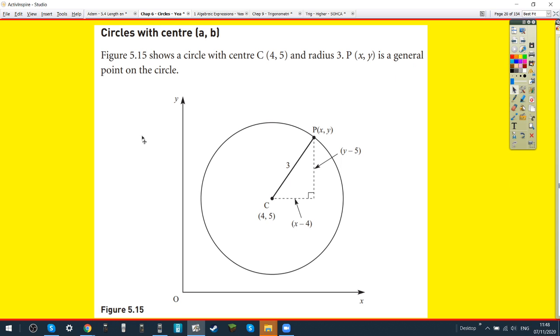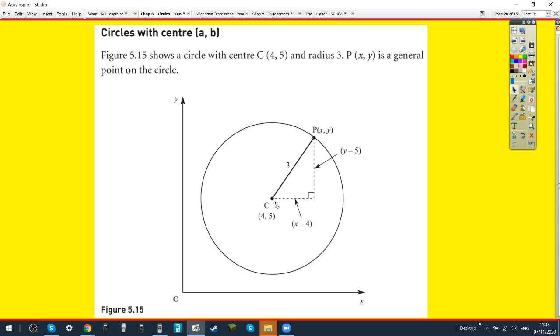Okay, so this is totally different. You have a circle. Its center is 4, 5. You have another point, P. We don't know it, so it's just x and y. We know the circle has a radius of 3.